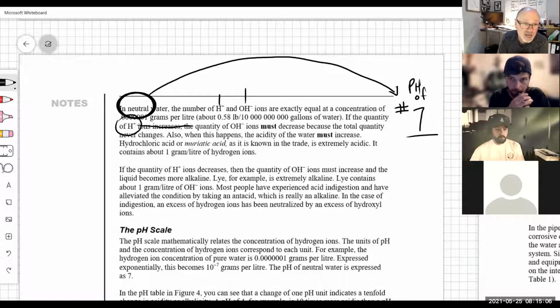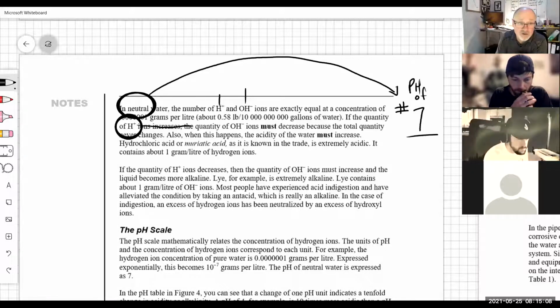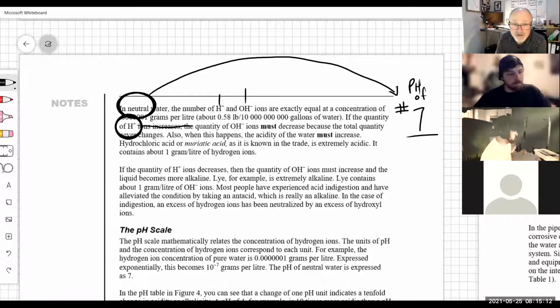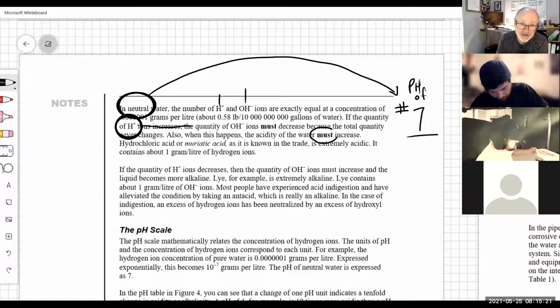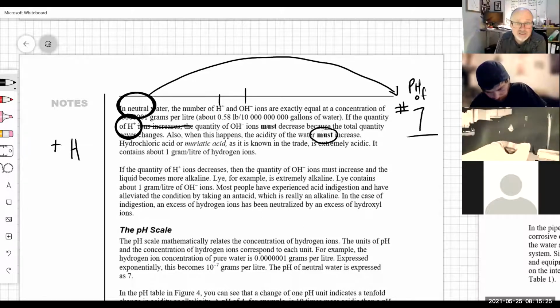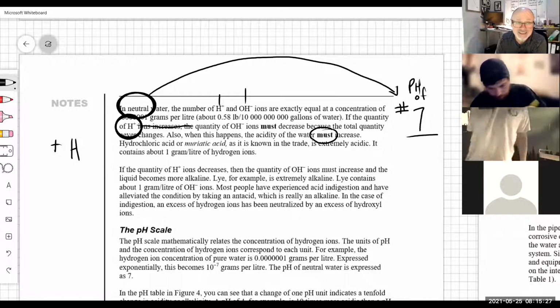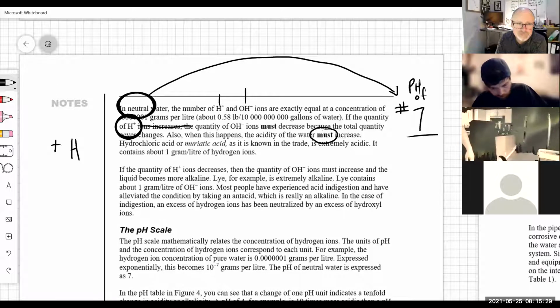But what is important is that if the hydrogen ions, the positive ones, increase, the hydroxyl ions must decrease because the total quantity never changes. Also, when this happens, the acidity increases. So in the presence of hydrogen ions, you get higher acidity. And then they go on to talk about muriatic acid.